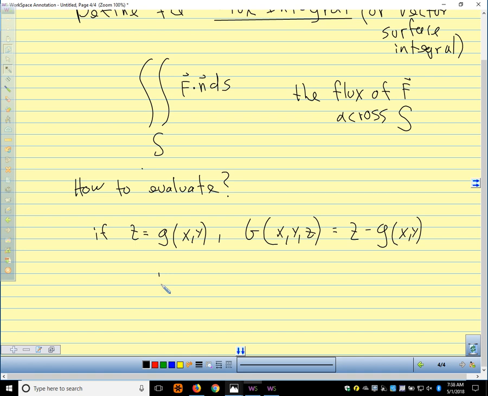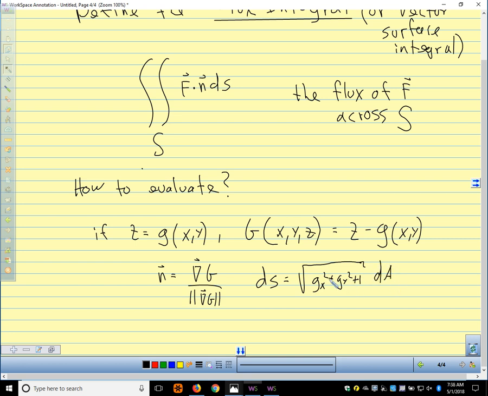Our unit normal vector is del g over the magnitude of del g. And dS is the square root of g sub x squared plus g sub y squared plus 1 dA.